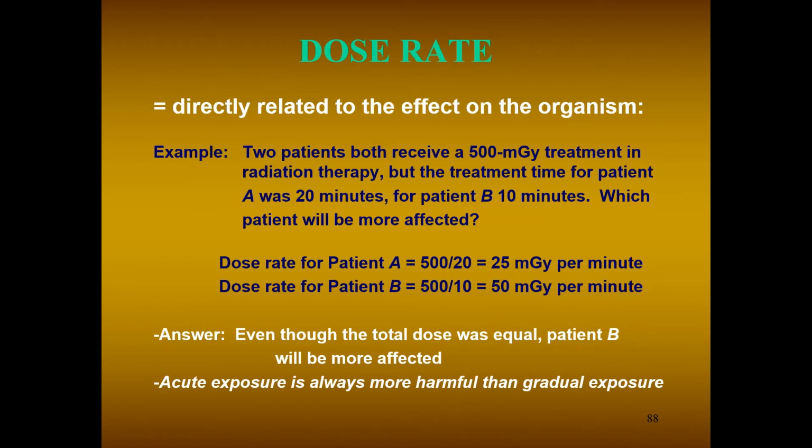Acute exposure is always more harmful than gradual exposure. Spreading a radiation dose out over time is always less harmful than putting that same equivalent dose into a much shorter time. So when you're asking yourself what's best for my patients during an exposure, it's going to be the dose that has the longest exposure time.